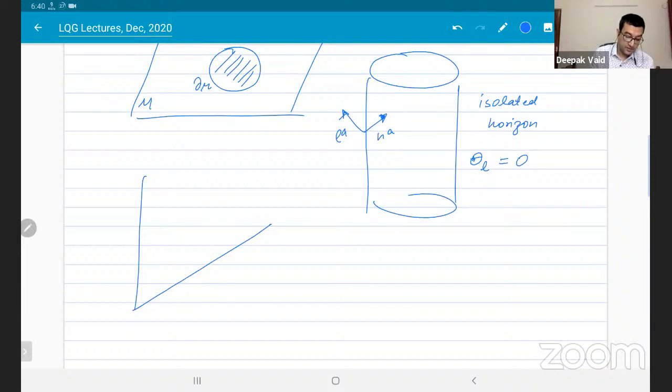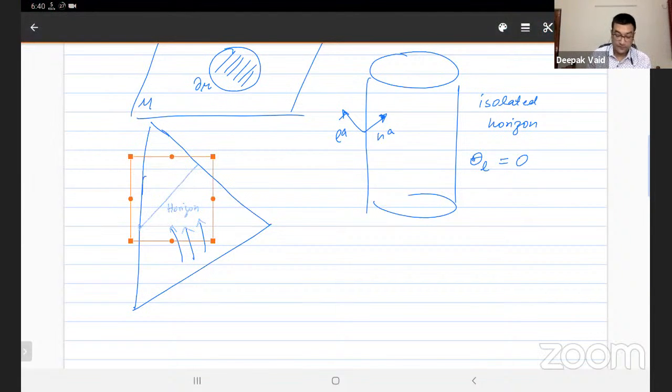So when you consider some space-time in which a black hole is forming, and let's say this is your conformal diagram, this is the horizon, and you have some matter that falls into the horizon. At some point, the black hole starts forming and this horizon surface develops. Now, the horizon itself is something that is very non-local.